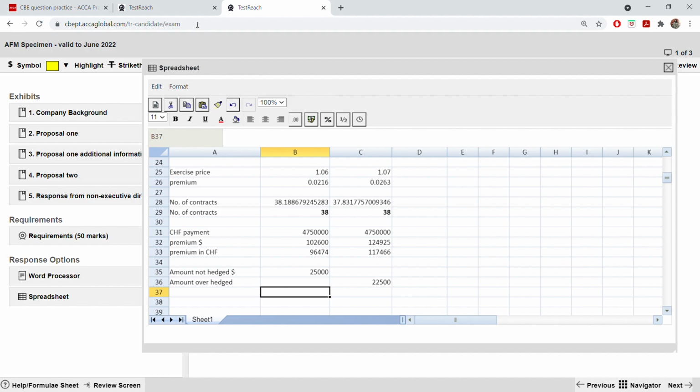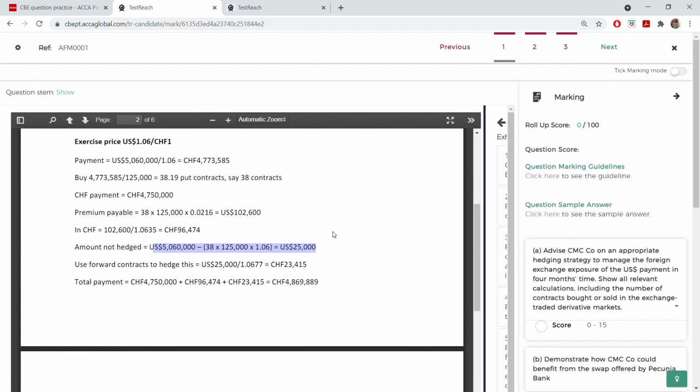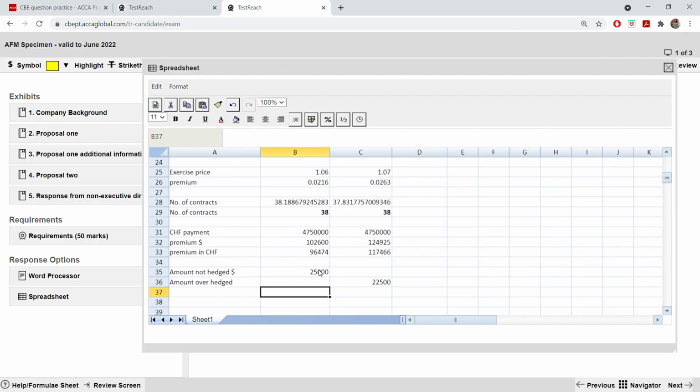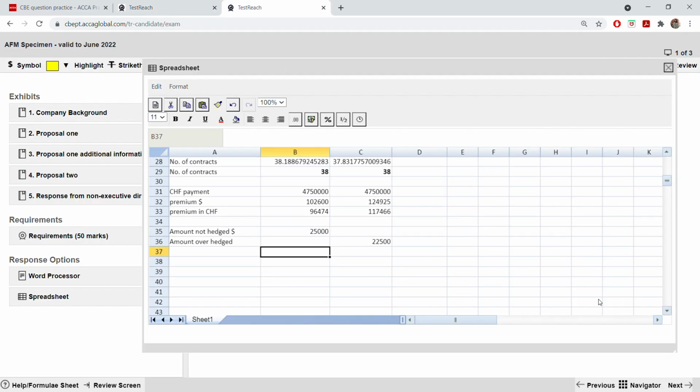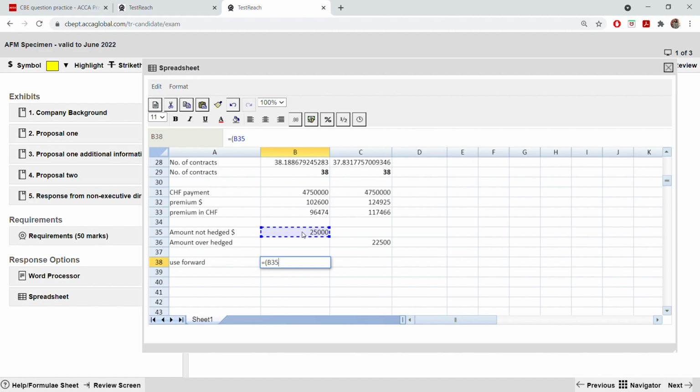So now you have to hedge using forward this 25,000. Now we have to convert using forward this 22,500. How? Use the forward rate. Forward rate we already know, so use forward equal to this divided by the forward rate.